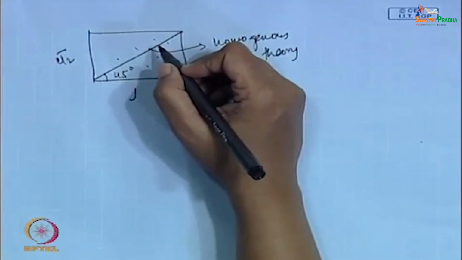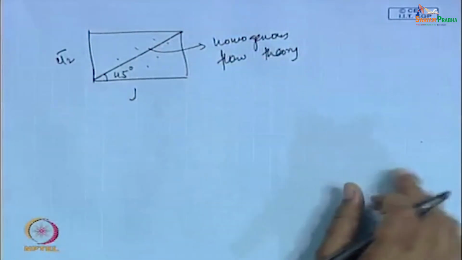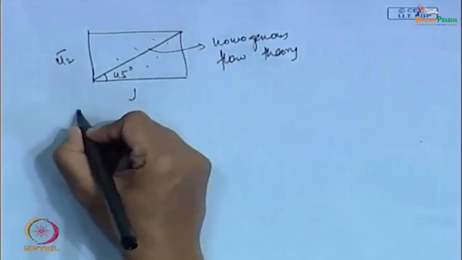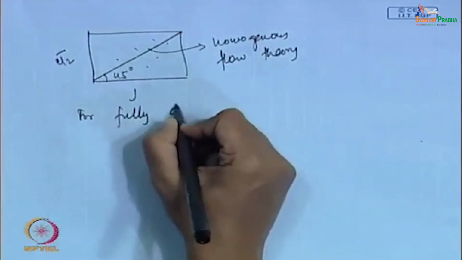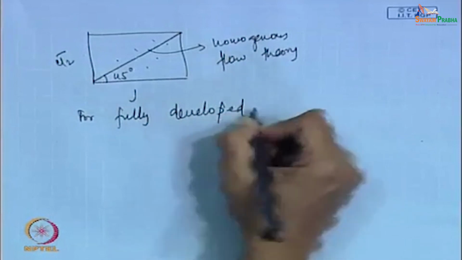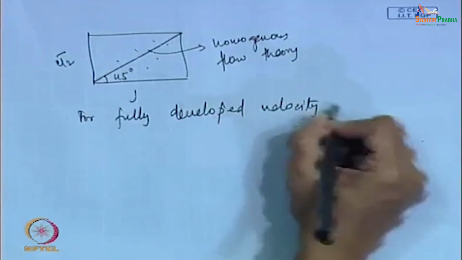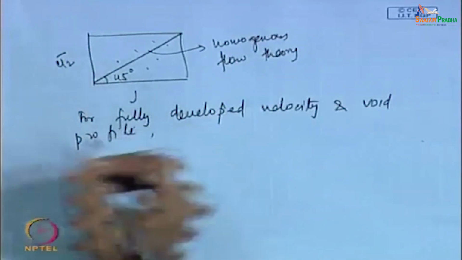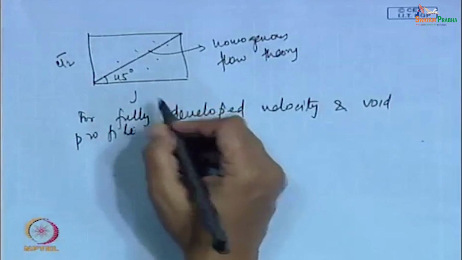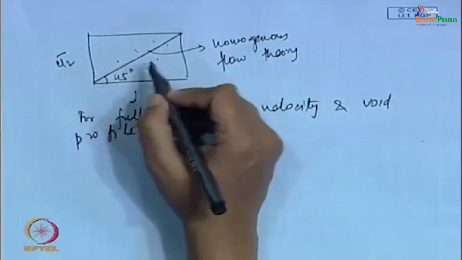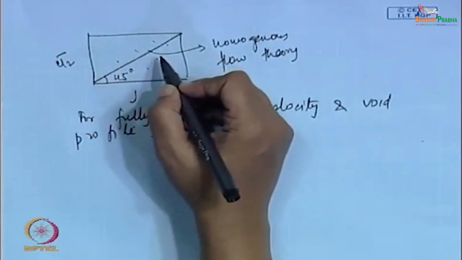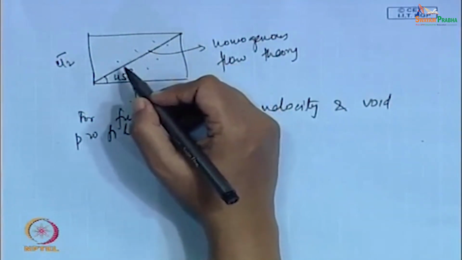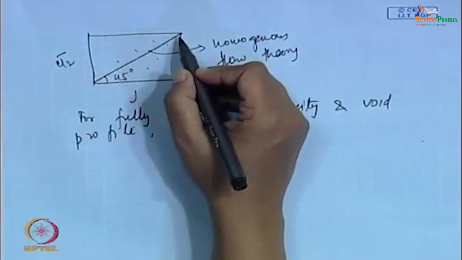Do you understand? Usually, whenever we have any particular experimental data for fully developed velocity and void profile, we make such a plot, and in that plot we put the data around this 45 degrees line. Okay. And then we find that usually data points will be clustering around this particular line.